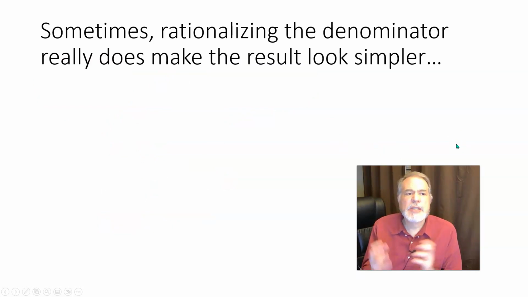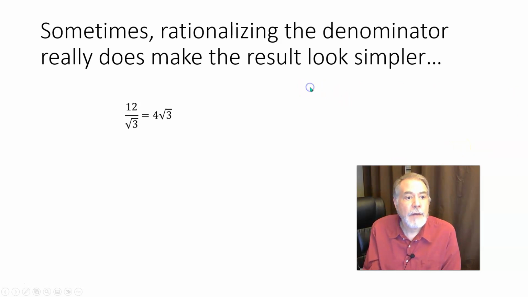Well, sometimes rationalizing the denominator of a number that's written with a square root in the denominator really does make the result look simpler. For example, the number 12 over the square root of 3, if you rationalize the denominator, it becomes 4 times the square root of 3. And that does look simpler.